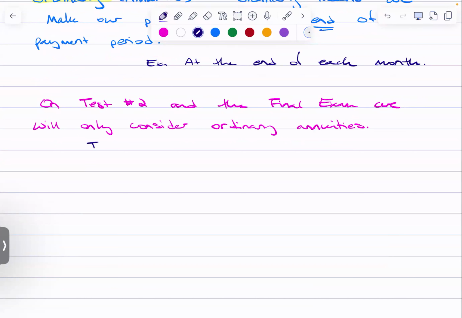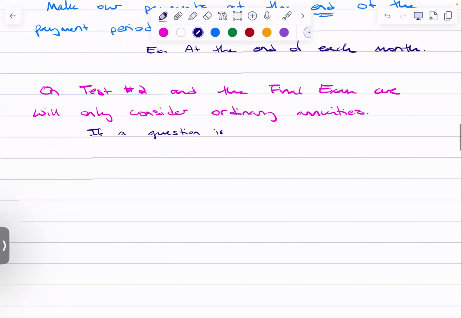Also, if a question is unclear whether payments are made at the end or at the beginning of a payment period, you can assume it's at the end. They have to say if it's at the beginning.